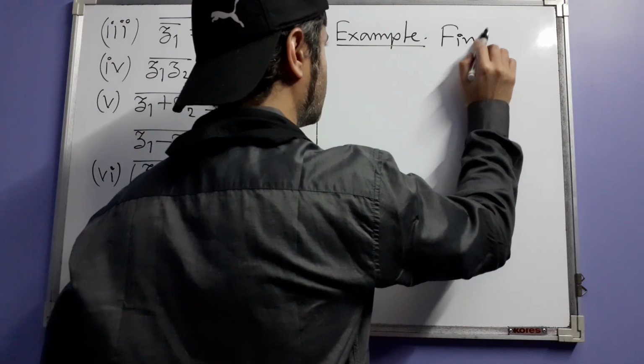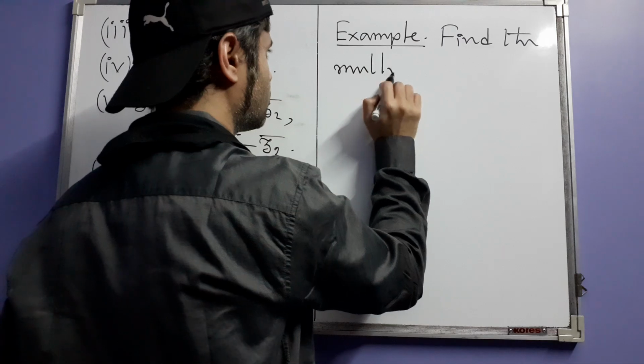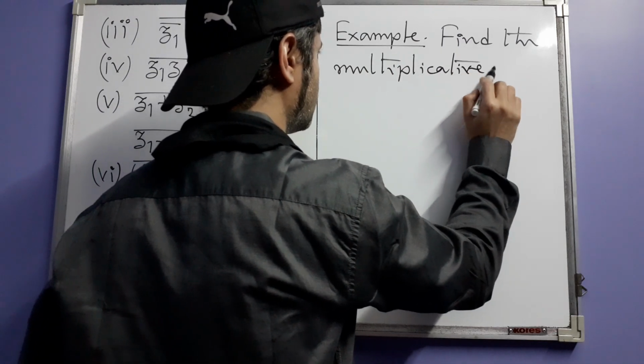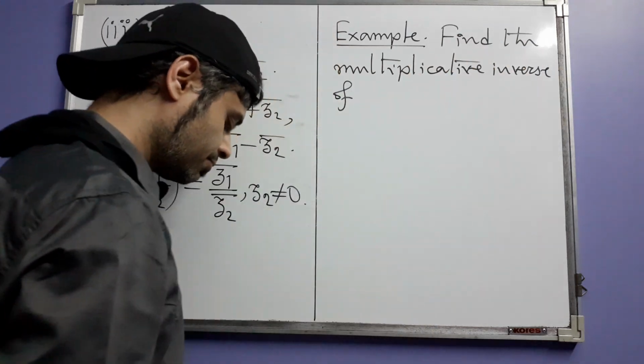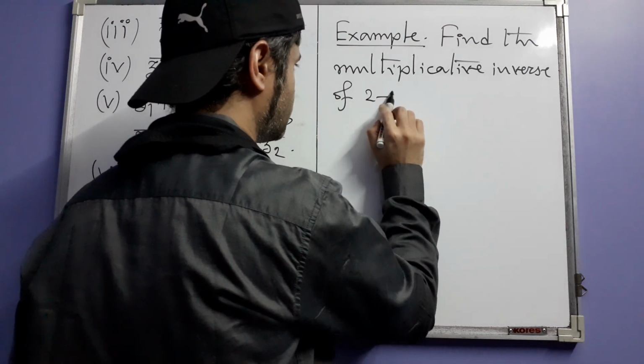Find the multiplicative inverse of 2 minus 3i.